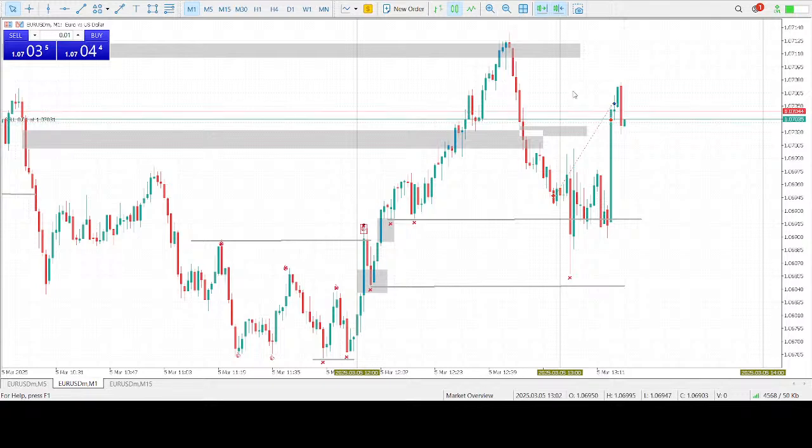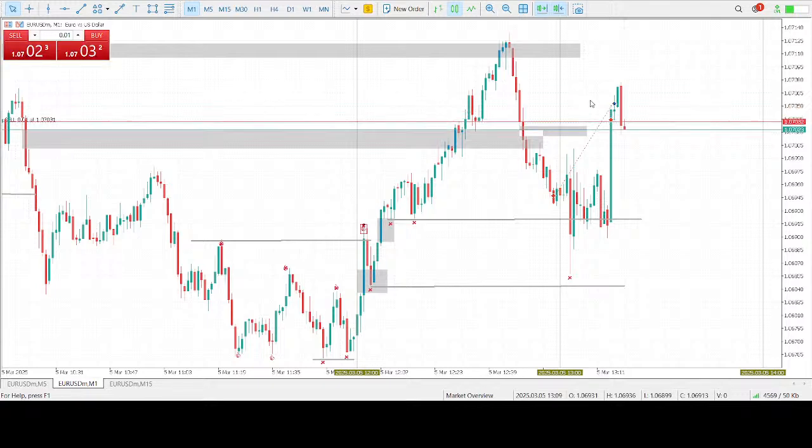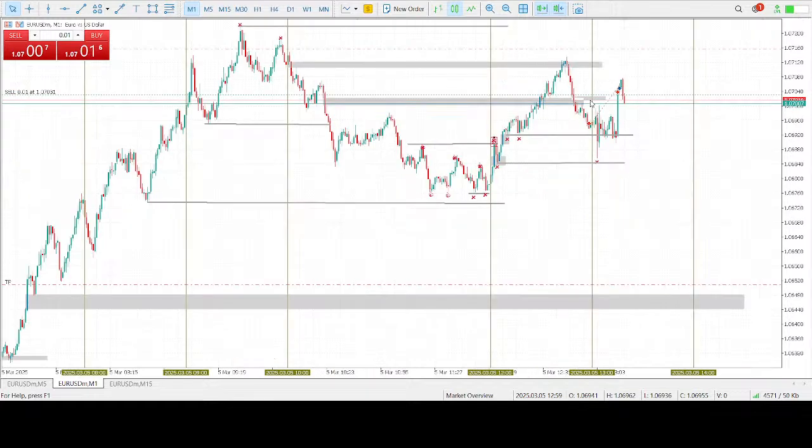This market is most likely going to continue running to the upside, but I'm just going to leave that there in case there is any chance.